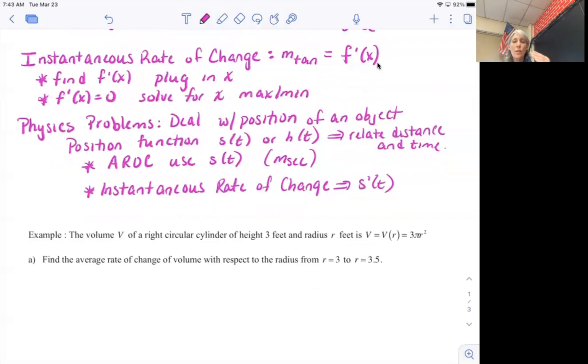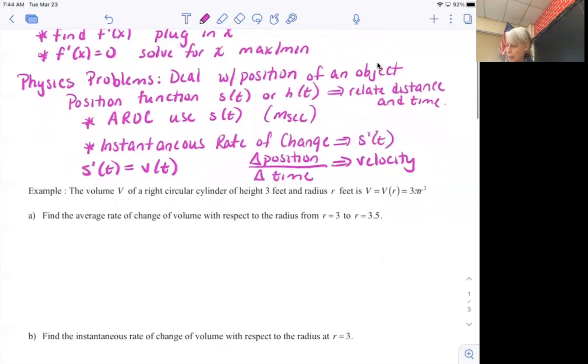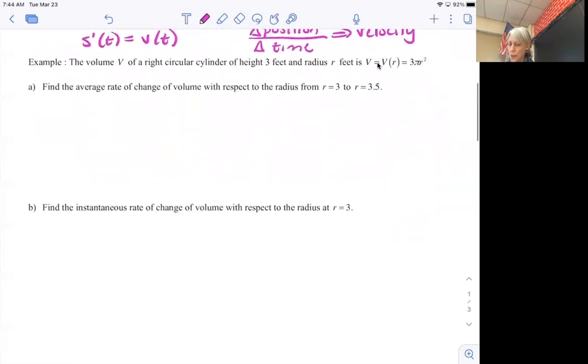And when we use the derivative, the change in position over the change in time is going to give us our velocity. So the derivative of position is velocity, or how fast something is going. And again, I'm going to go into more detail with that when we get to those types of problems.